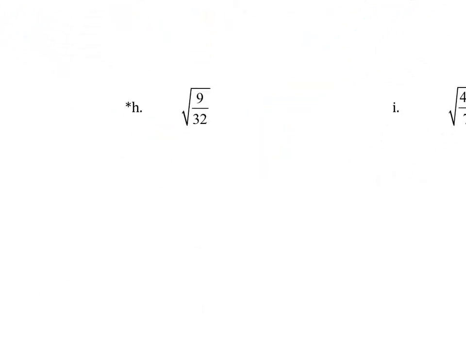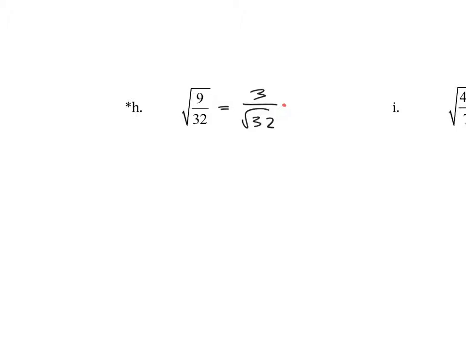So H, root 9 over 32. Two things jump out. 9 is a perfect square, and 32 is a pretty big number, so maybe I want to use my multiplication shortcut here. So I'm going to first start with just 3 over root 32. And then instead of multiplying by root 32, because I know I'll have to simplify that later, let's find a number that 32 can be multiplied by to make a perfect square.